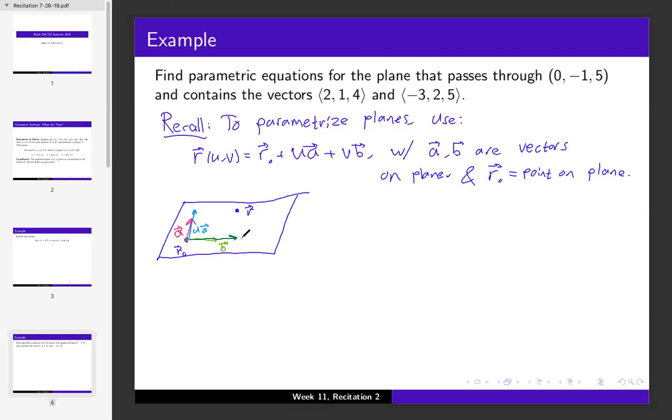And this is the vector vB. So in this case you're going along uA and then along vB.